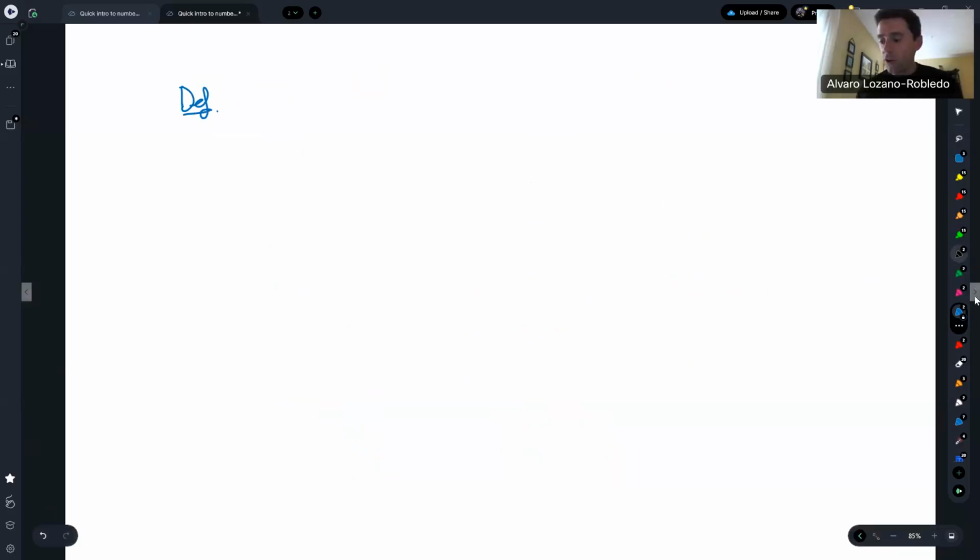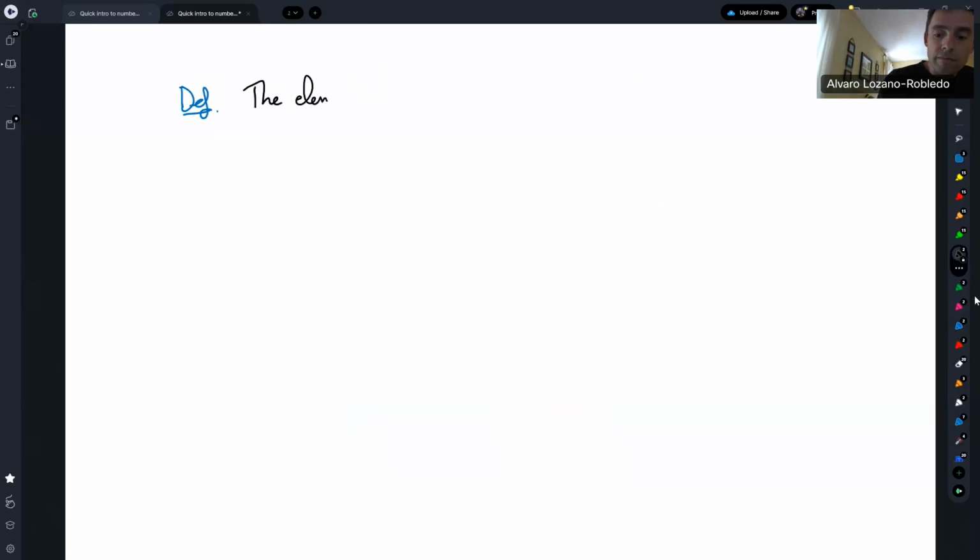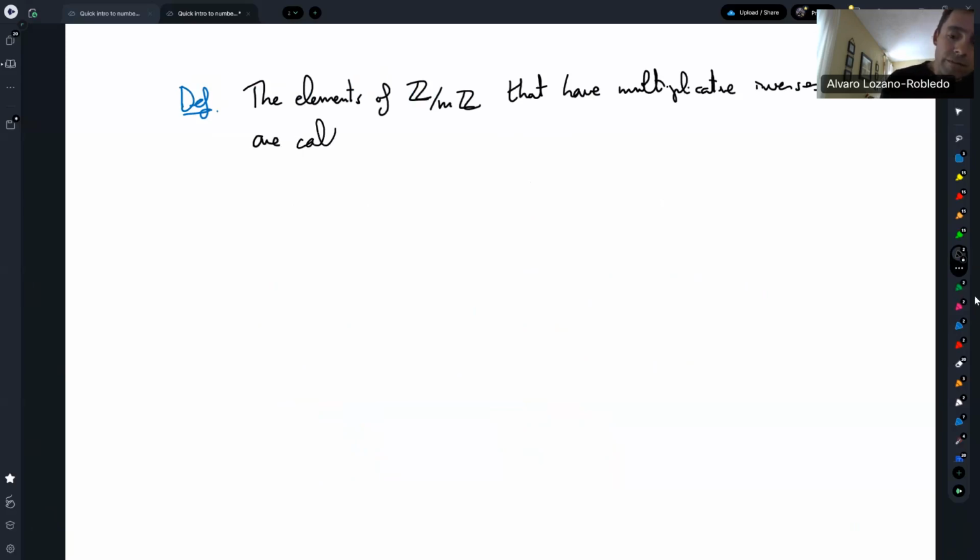We're going to say those are units. Okay, so the elements of Z mod MZ that have multiplicative inverses are called units.